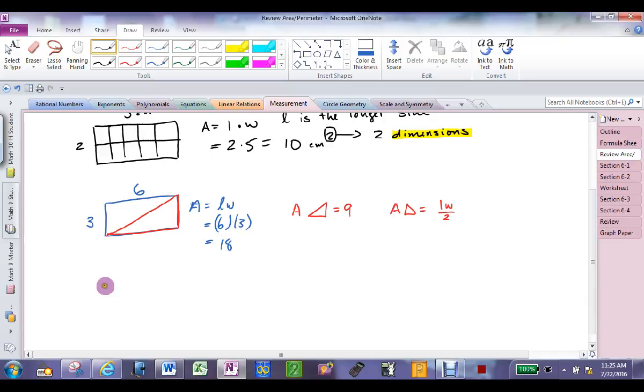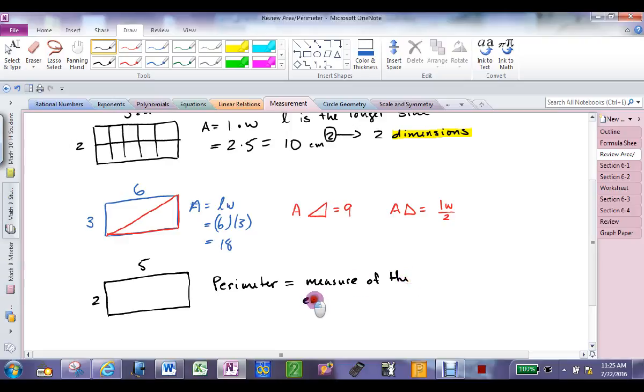Next, we're going to move on to perimeter. Perimeter is what? Right. The measure of the edge.